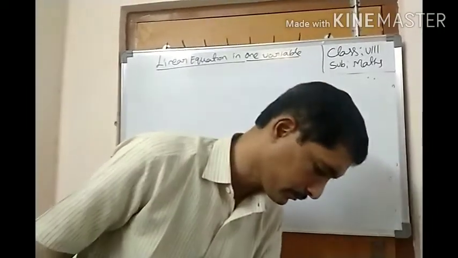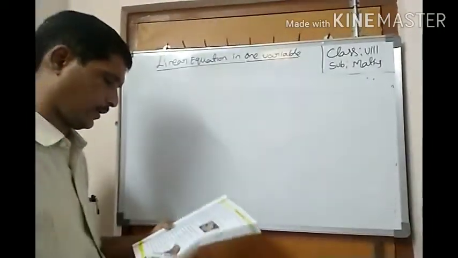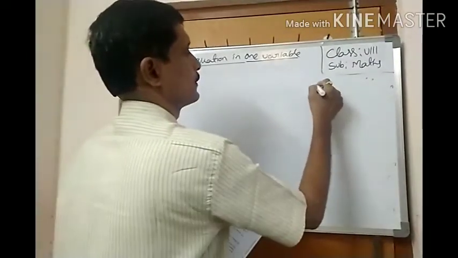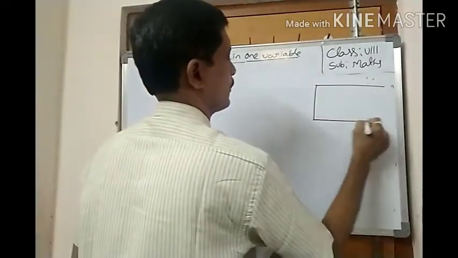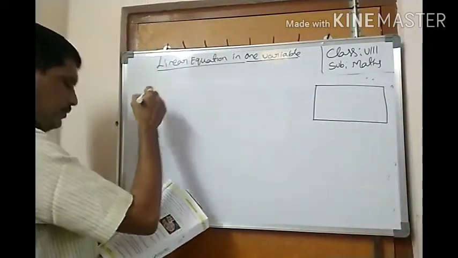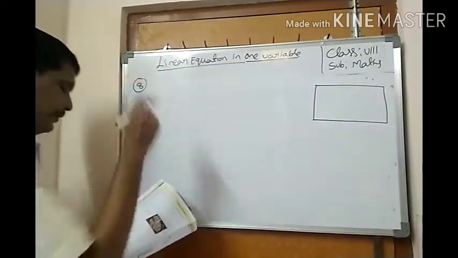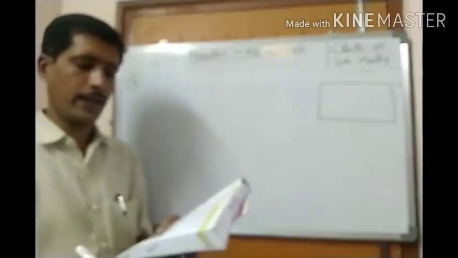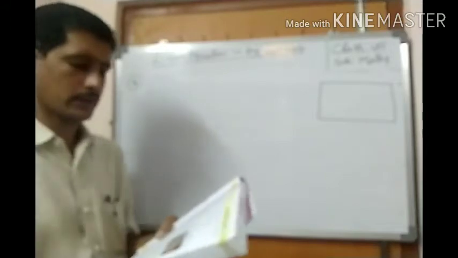Next one, here one rectangle. Here is question number 8. I read the question. The distance around a rectangular field is 400 meters.